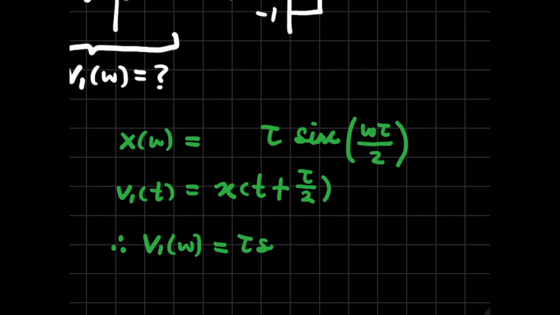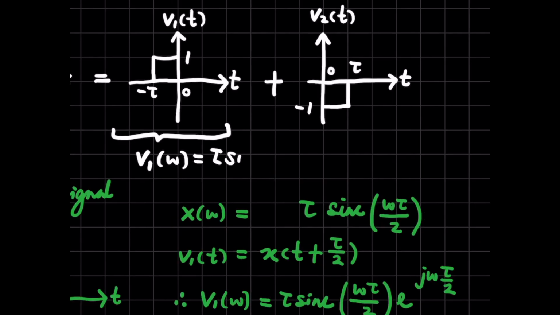Then V1(omega), the Fourier transform of v1(t), is the multiplication of X(omega) with an exponential function: tau sinc omega tau over 2 multiplied with e to the power of j omega tau over 2. So this is the equation for V1(omega).